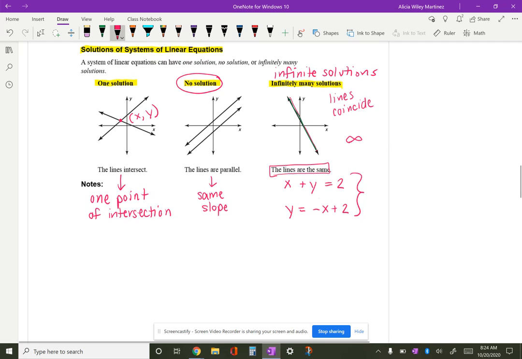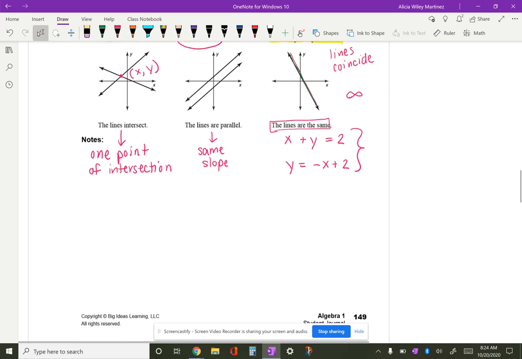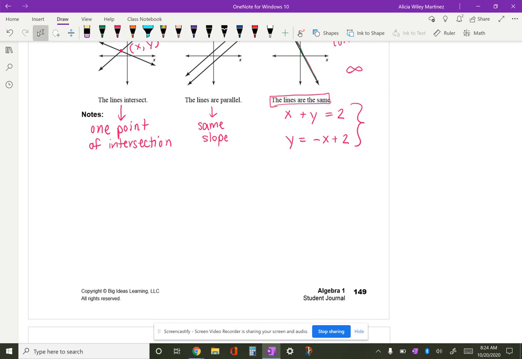So let's talk about what happens when we solve something algebraically. We had already talked about solving it by substitution and getting an ordered pair or a point of intersection as our answer. We're going to look at an example here. I'm just going to use this space down below to do an example. So I'm going to draw a little line here and write down a problem.